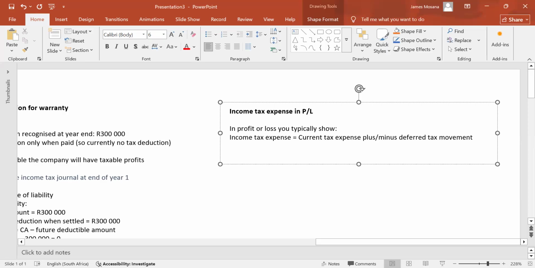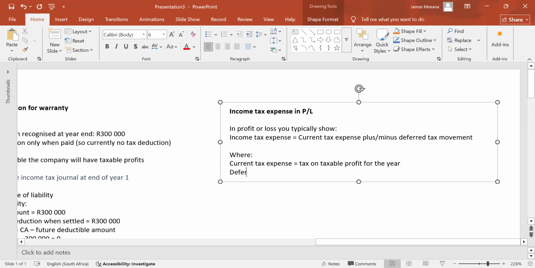So now, obviously, when we are talking about your current tax expense, we are talking about your tax on your taxable profit for the year. So let me just write it for those who need clarity. Your current tax expense will be your tax on taxable profit for the year.